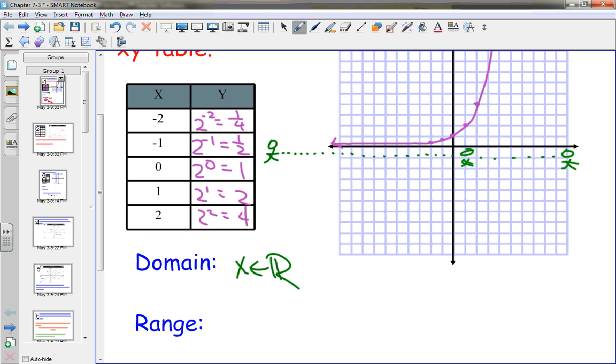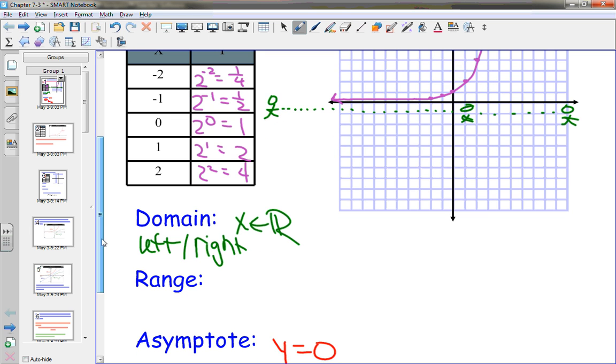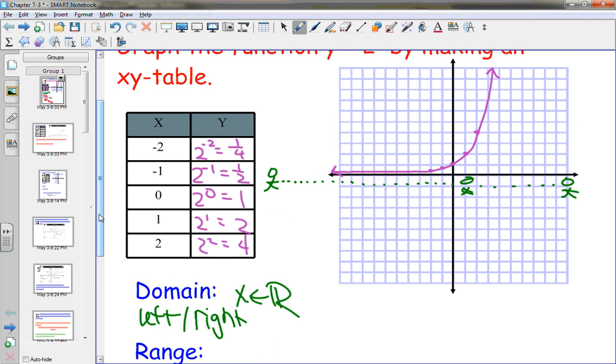Now, how do I read the range? If I'm reading the domain from left to right, then my range is going to be from bottom to top. So as I am walking up this vertical line, are there any corresponding values here?